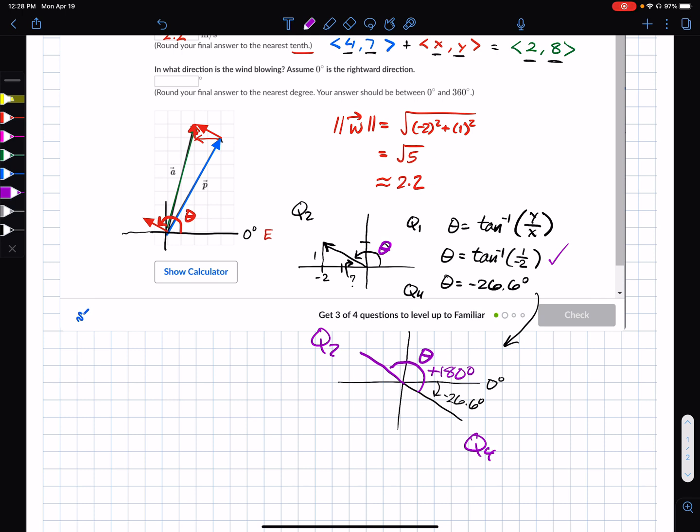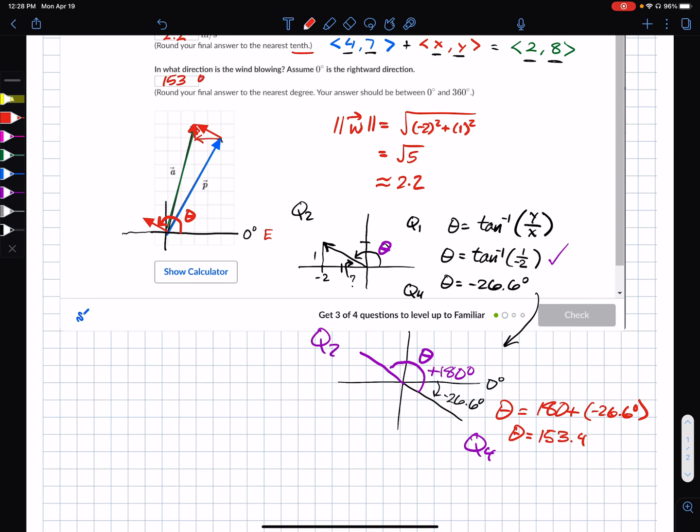So we do a quick 180 plus -26.6, and we get 153.4. So the direction angle we're looking for is 153.4, and we'll round that off to the nearest degree, 153 degrees.